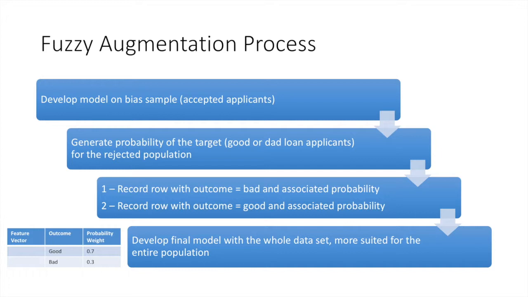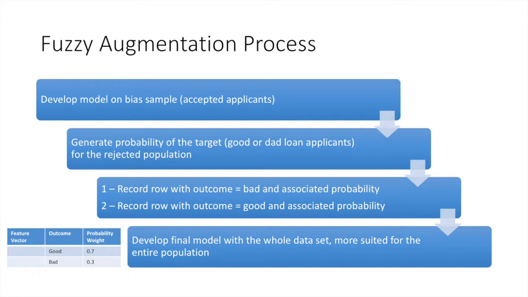Fuzzy augmentation consists of developing a first model on the biased sample, so the accepted population, and using this model to predict the probability of the targets for the rejected population that we did not previously have. Once this is done, the idea is to compute two rows for each rejected applicant: one row with the probability associated with the outcome being bad, and one row with the probability of being good.